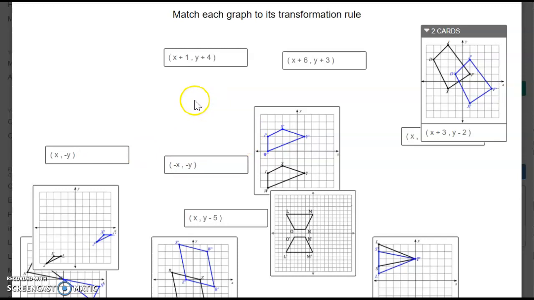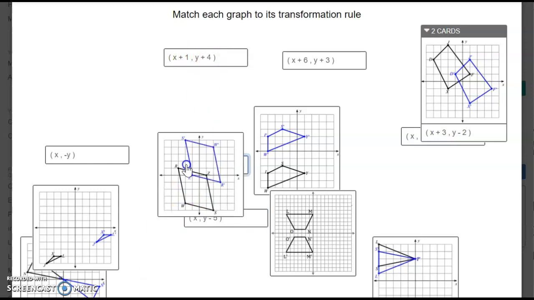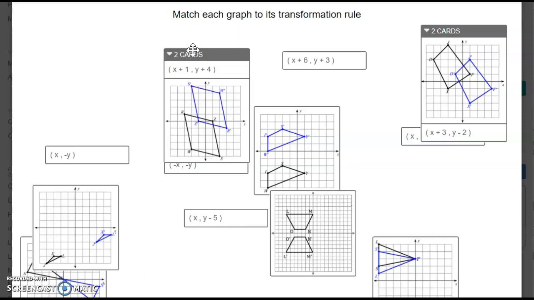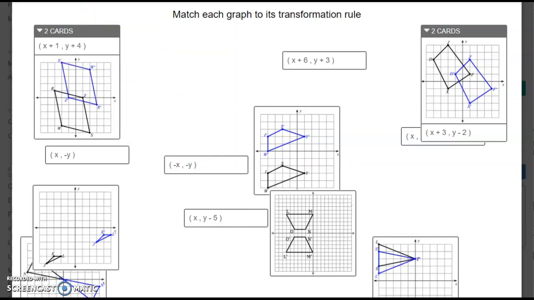Now what about x plus 1 and y plus 4? That means it's a translation again. So we're looking for a translation 1 to the right and 4 up. So that's this one, and I am going to put that over here.